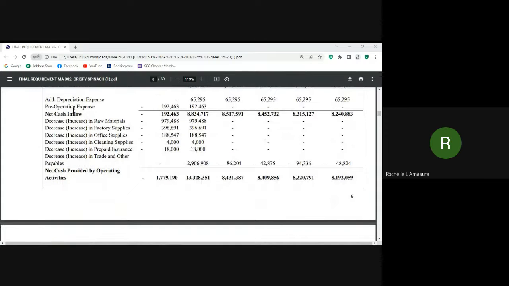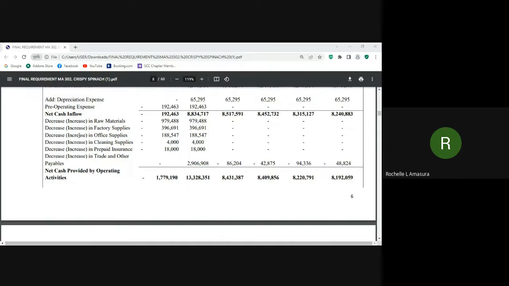Same gyapon, constant ang depreciation expense. Then we come up the cash flow niya nga 192,473 in the year zero. Kay nagkagamay man ang net income after tax. Same gyapon siya sa cash flow nga nagkagamay in every year.